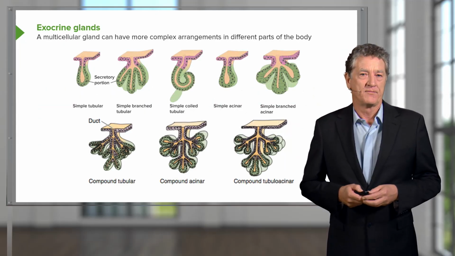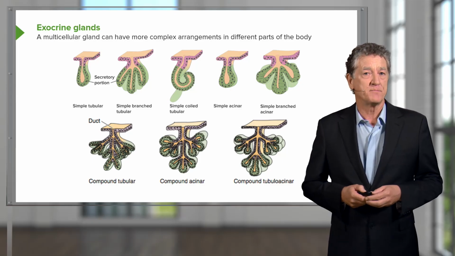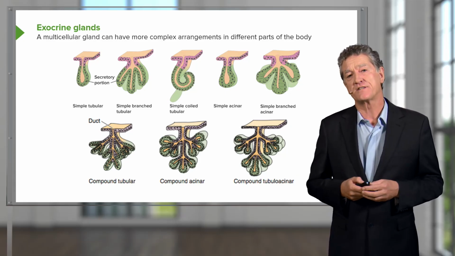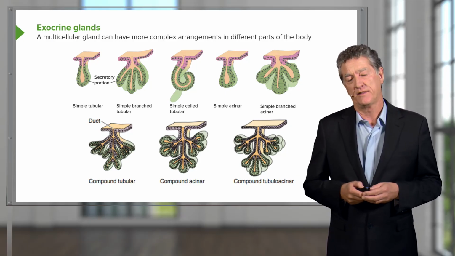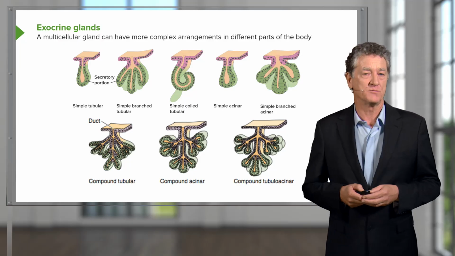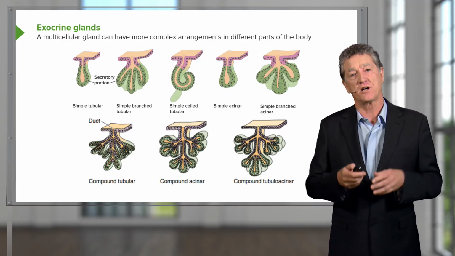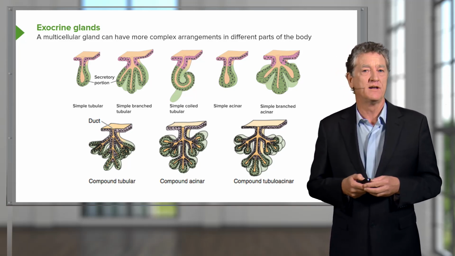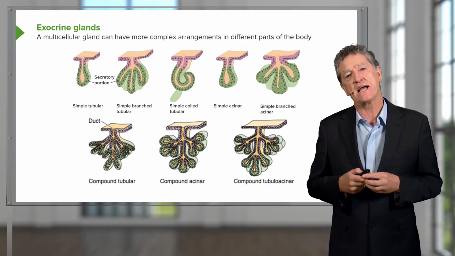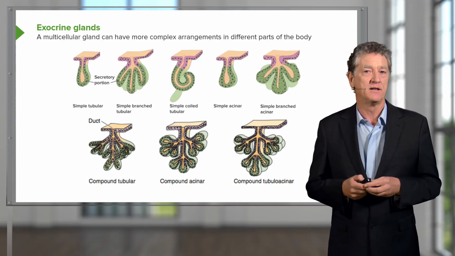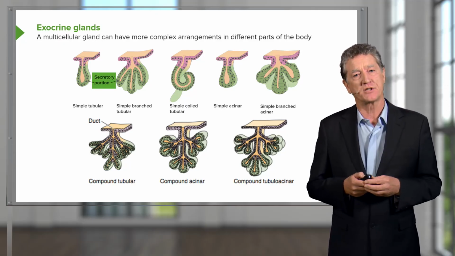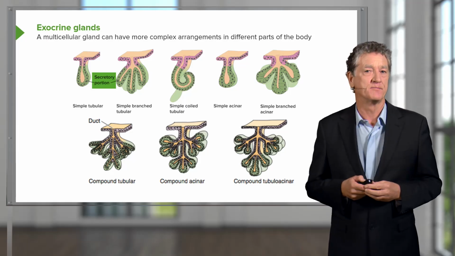Okay. These multicellular glands can get far more complex than just a sheet of cells that you saw in that stomach mucosa. They can acquire a duct. Rather than just secreting onto the surface like a goblet cell or like these cells in the stomach mucosa, during development, when the epithelium invaginates into the underlying lamina propria, the portion that connects the invaginated epithelial cells to the surface is retained.